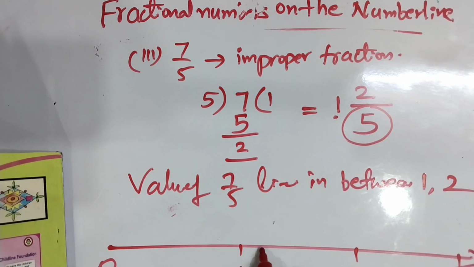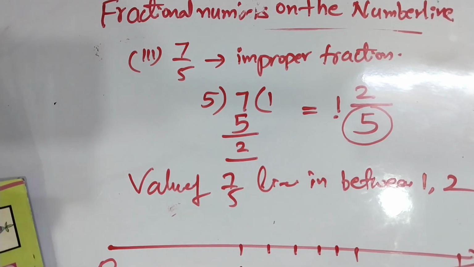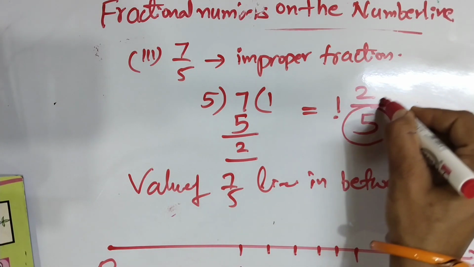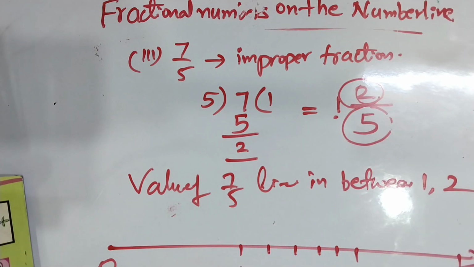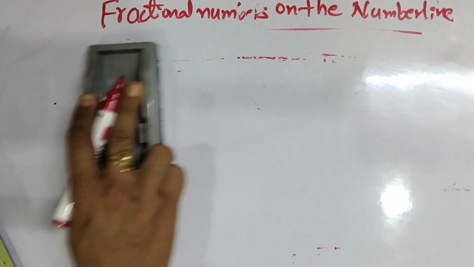So we divide the place between 1 and 2 into 5 parts, okay. If we draw 4 lines, it will be divided into 5 parts. Then we observe the numerator, 2. So the second place, 1 2 by 5, okay. So this is the showing of the fractional number on the number line.